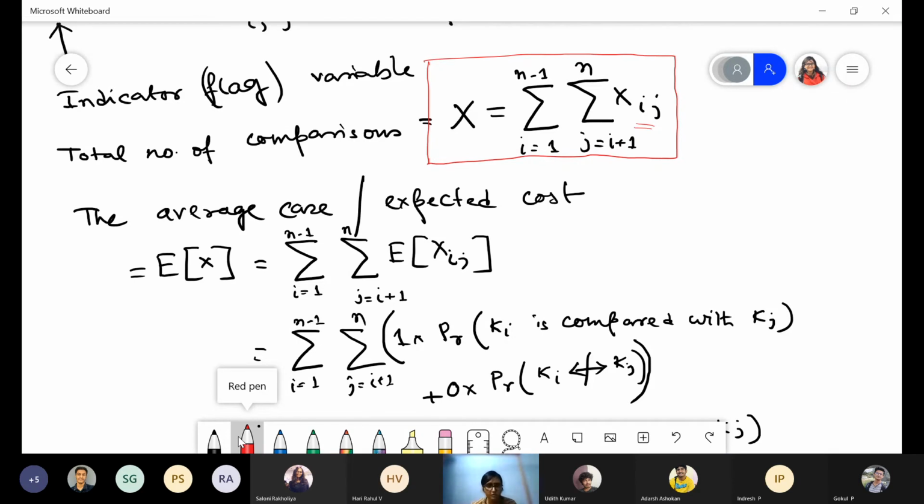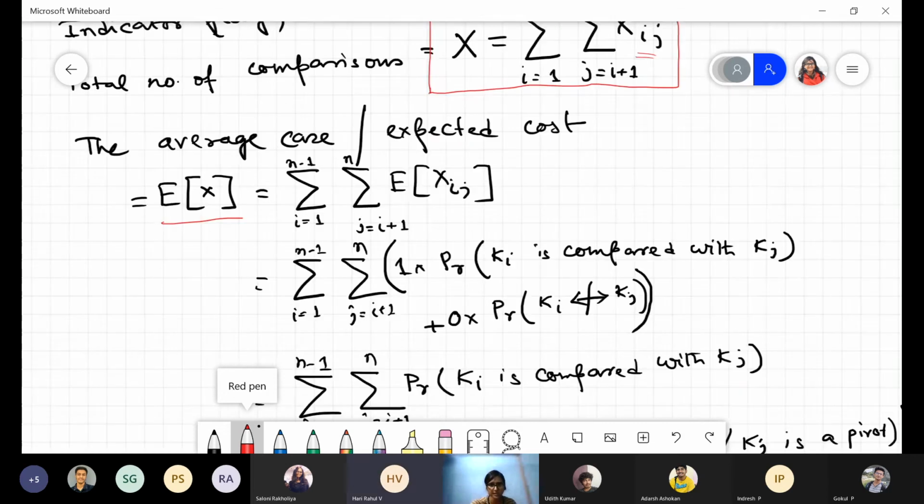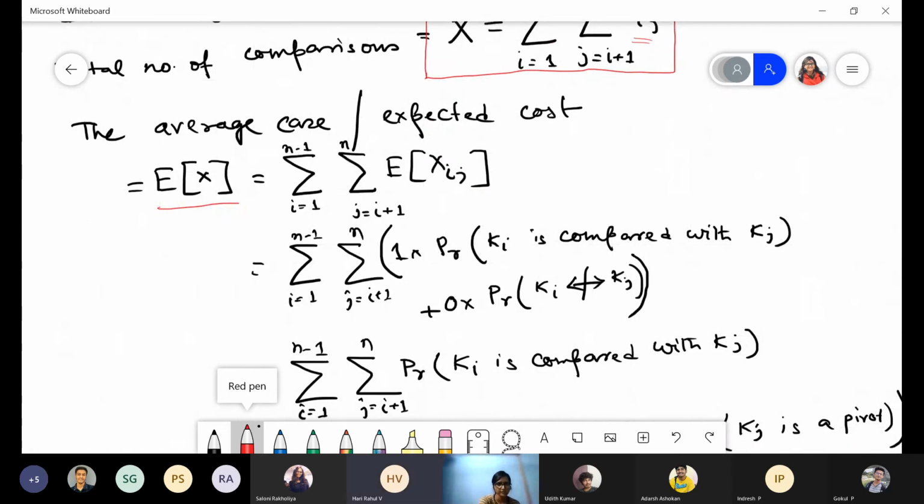Okay, so we take E of X. Now this is just E of Xij, meaning ki is compared with kj. So the expectation of any event, this is from linearity of expectation.